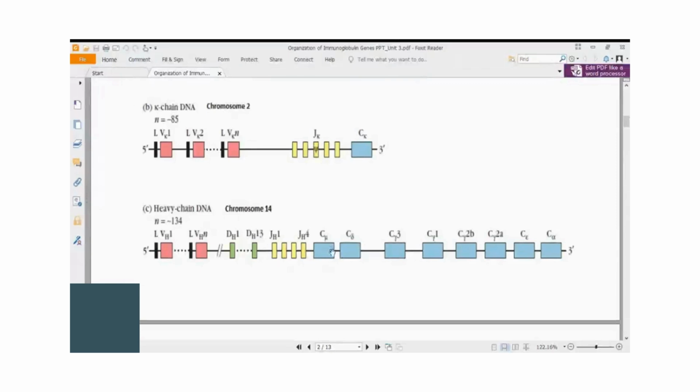That means the gene is going to skip the same variable region that was chosen to recombine with the C mu to produce a productive receptor of high affinity or low affinity. The same variable region now is going to jump and choose any one of these gamma genes, that is of the IgG class or epsilon class or alpha class, and that jumping is called class switching.